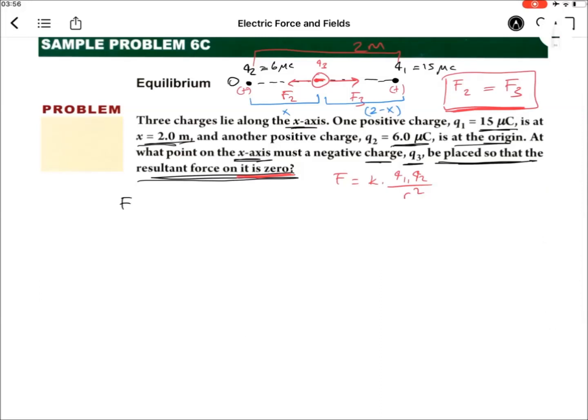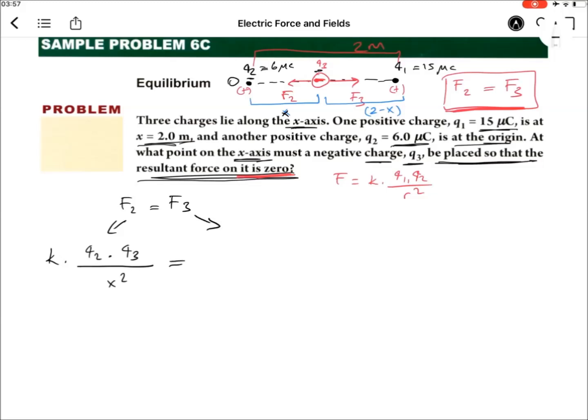I said F2 equals F3. F2 is K times Q2 times Q3 over R squared, and the distance between them is x, so it is x squared.